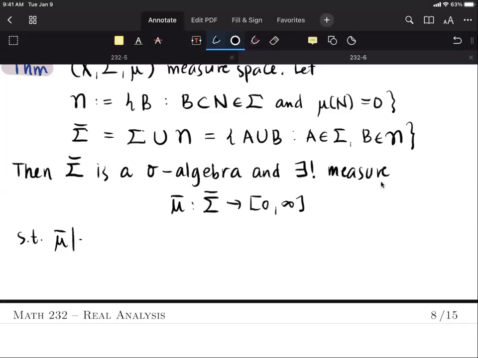In other words, the restriction of mu bar to sigma is equal to mu. And if this is a measure, then we have this measure space, and this is complete.